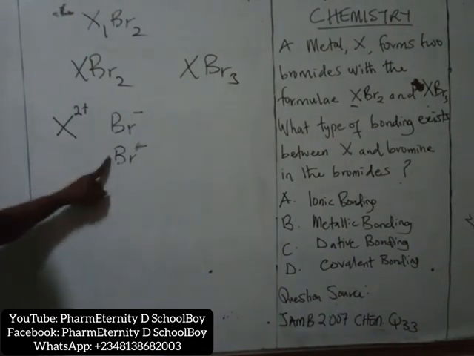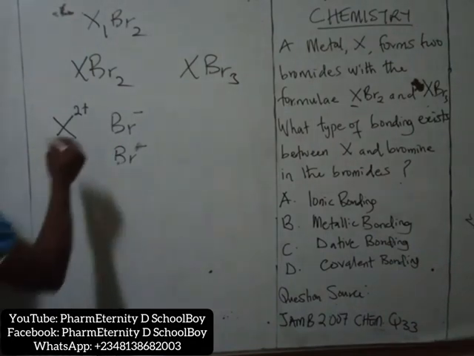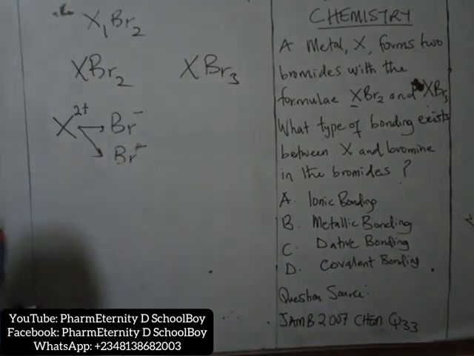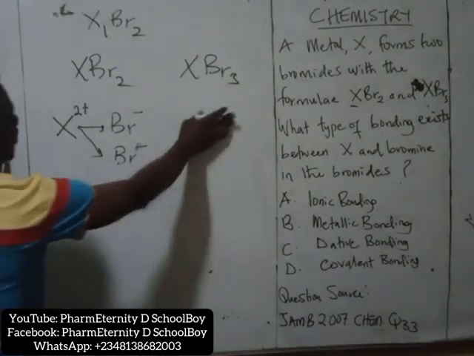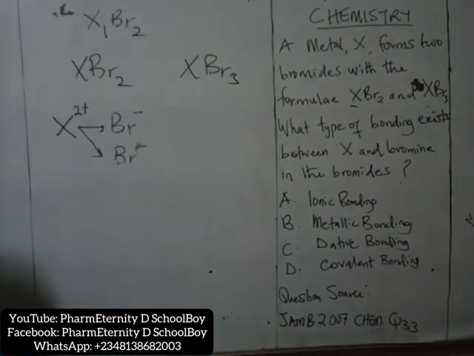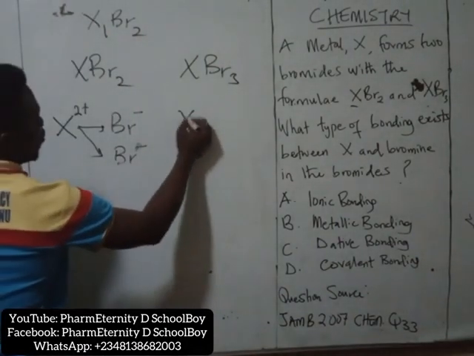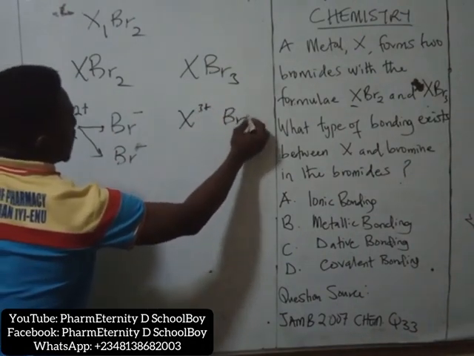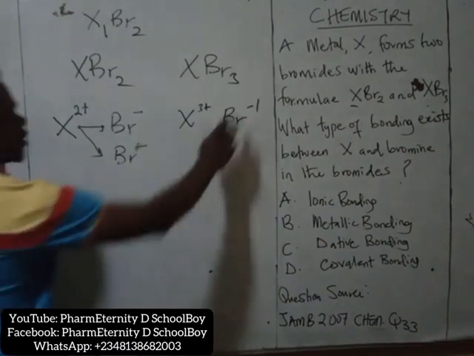So 2 bromide ions are required here. Now let's go over to here. Using the same pattern, X here is 3 plus, while bromide is still minus 1.